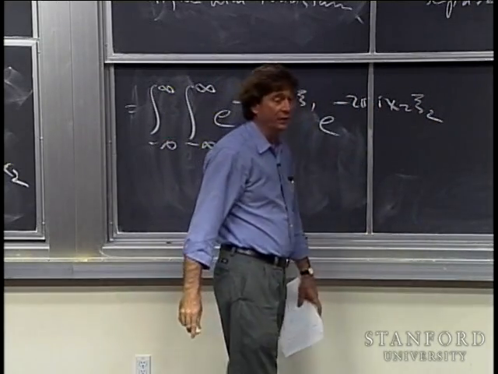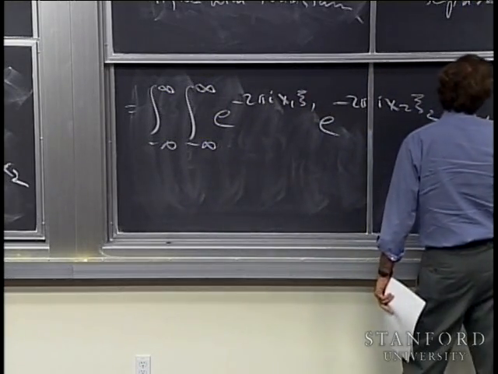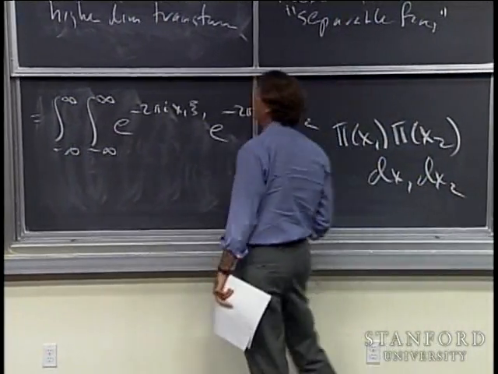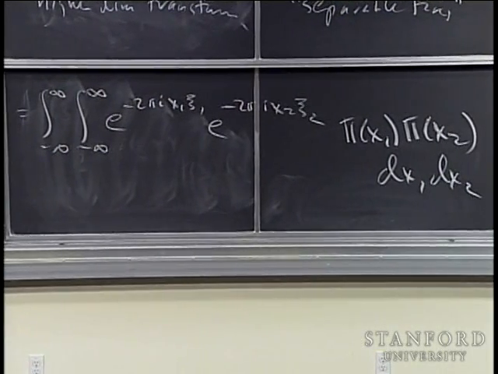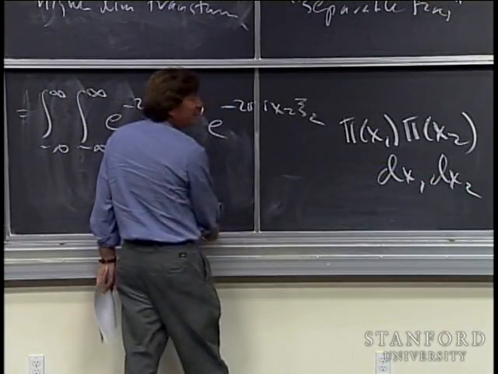And then, as I just pointed out, the two-dimensional rectangle function can be written as the product of two one-dimensional rectangle functions, dx1, dx2. And now you should look ahead a little bit and see what happens. Things decouple. The x1s and x2s are independent.